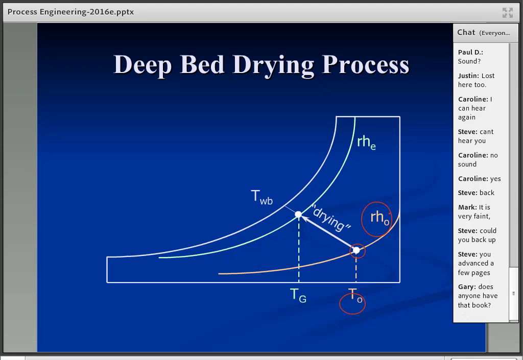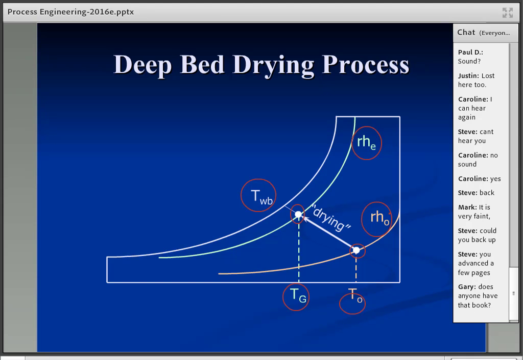It's going to follow the wet bulb line up and to the left until it comes to equilibrium with whatever grain or whatever other product is being dried. And so this is the line of relative humidity, and this is the point where it intersects that line, so that's the ending point of the drying process, and it tells you what the temperature is of that material.